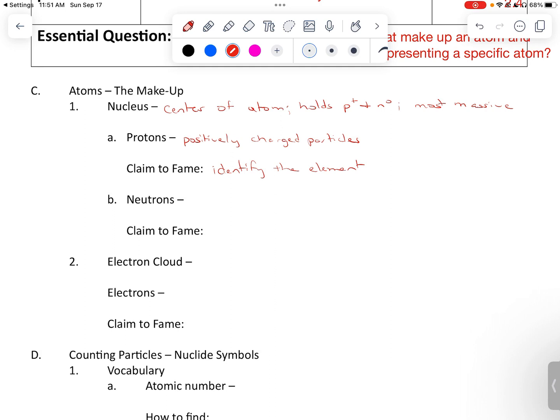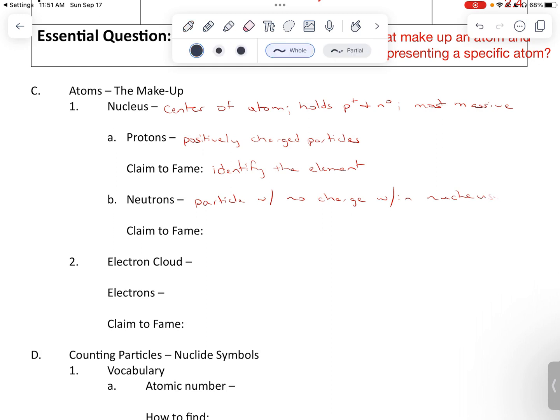Our neutrons have no charge. So we're going to say a particle with no charge within the nucleus. It's also very massive, because, whoops, can't spell nucleus correctly. Let's try that again.